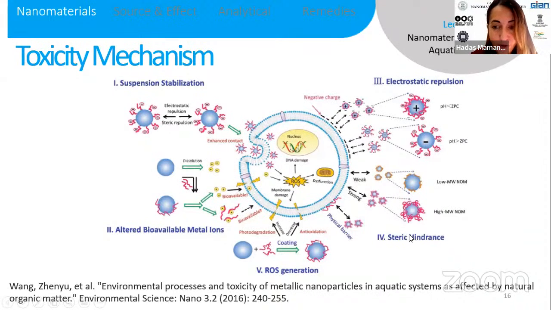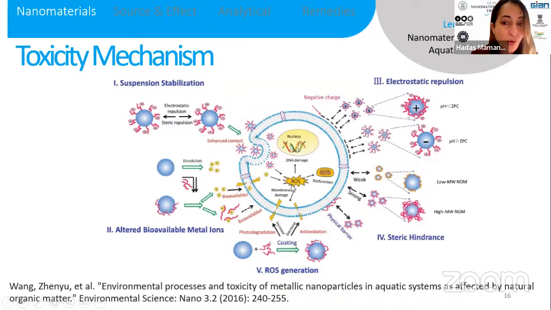And then the fourth one is steric hindrance. And then we also have ROS generation. So all these things can impact the interactions that are external to the microbial cell, but they can also result in cascade reactions inside the cells.